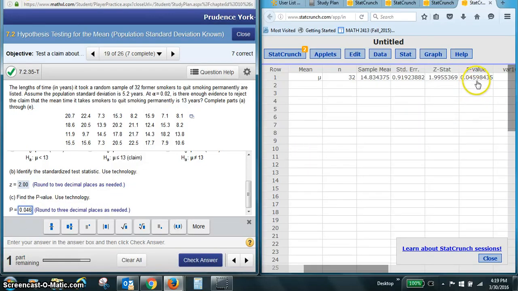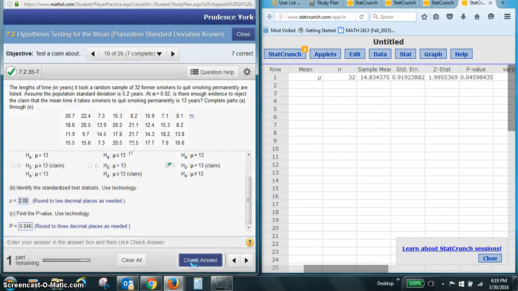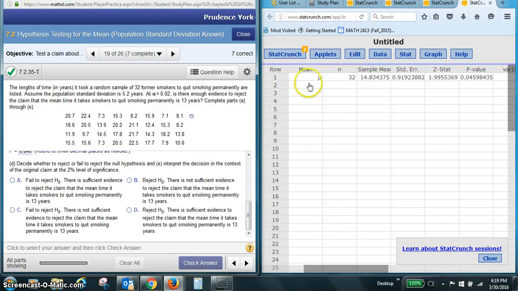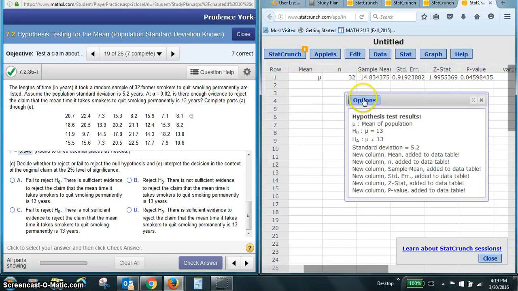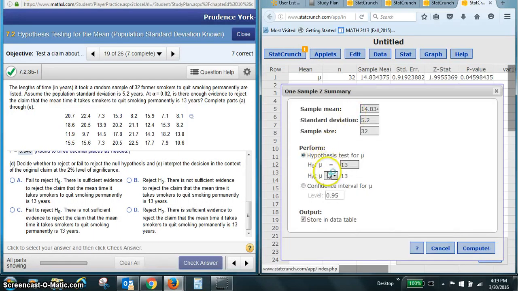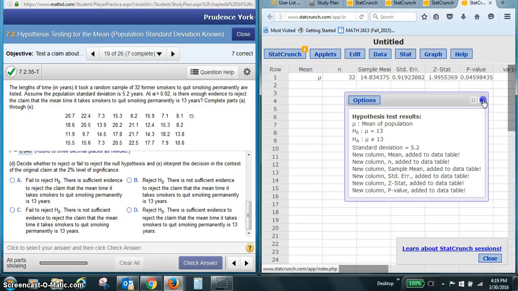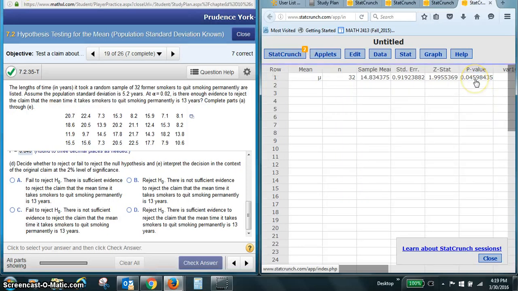That 5 becomes a 6 due to the 9. And again, if you need to see that, I'll pull that table back up where we did the one sample Z summary, and you notice that it showed that H sub A was not equal. So StatCrunch knew that this was a two-tailed test and adjusted the p-value accordingly.